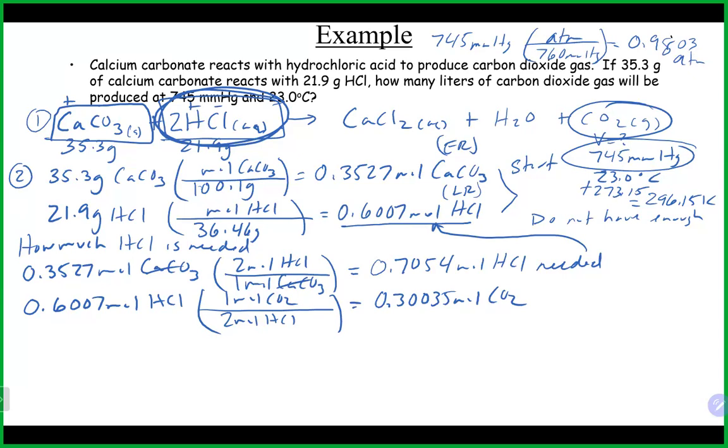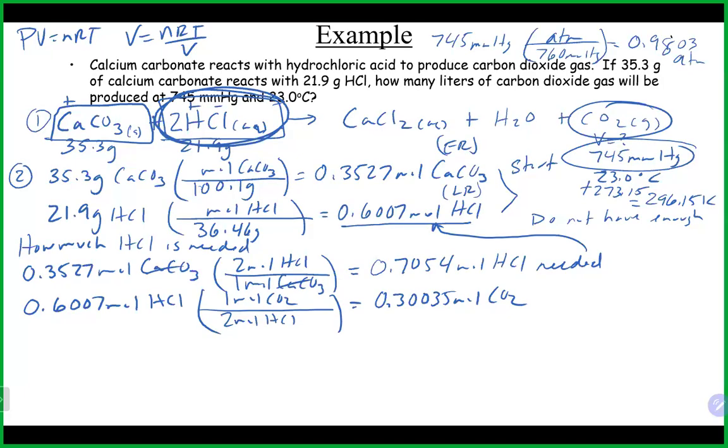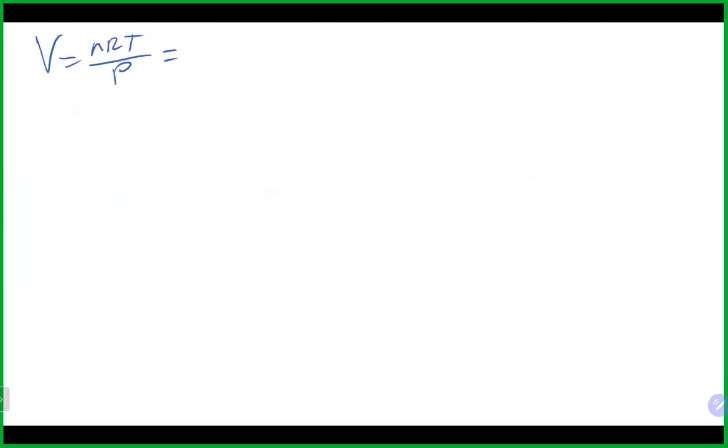So we could go into our ideal gas law here. Our PV equals nRT, solving for V. I'll do it on the next page so it'll be easier to see. So V is equal to nRT divided by P. So our moles was 0.30035. Our R is constant.